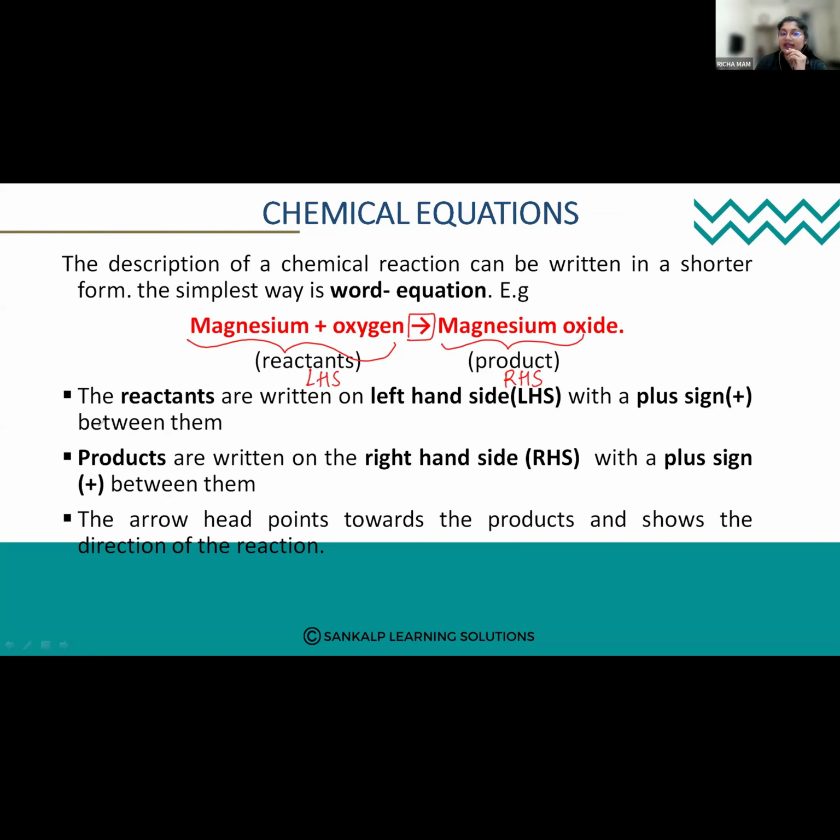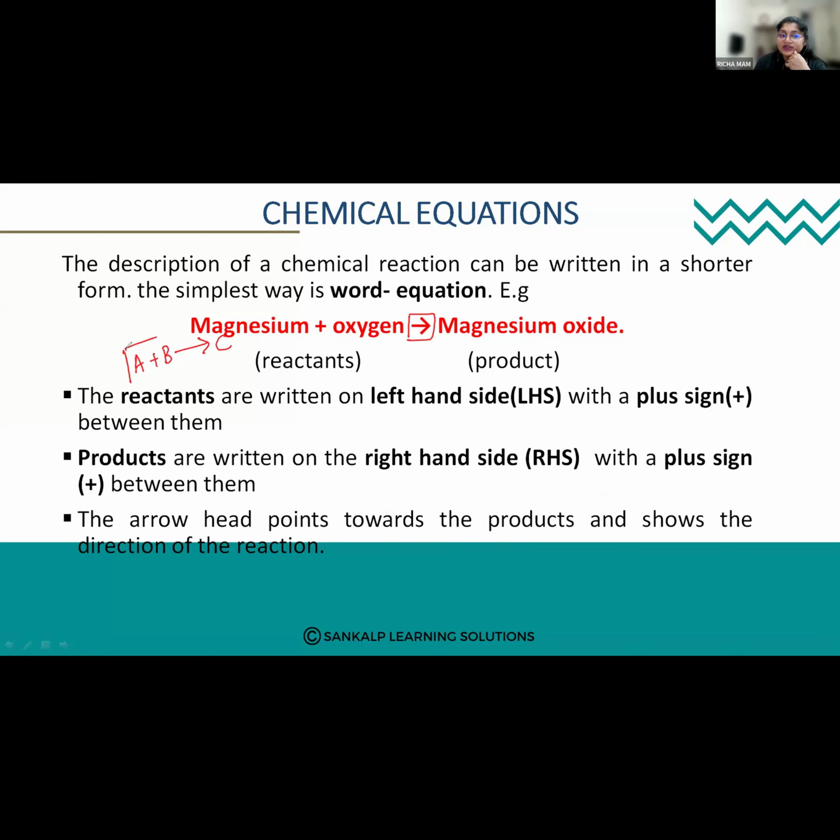Whenever we write any substances on the left hand side, they are called the reactants. Now when we have one reactant, I'll write only one name, then proceed with the arrow, and then write the product. But when two persons are there, then only a fight will occur.